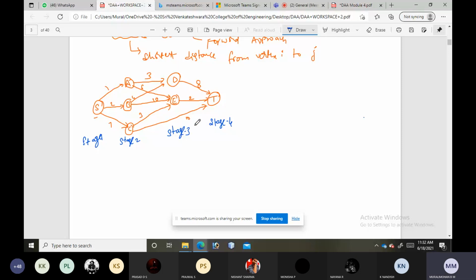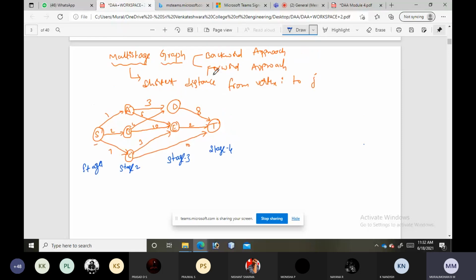Now, first what we will do, here it is the first method. Let us take backward approach.